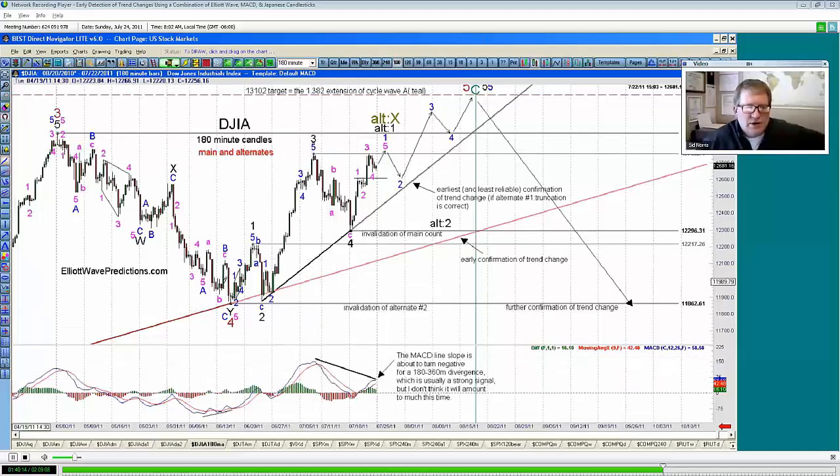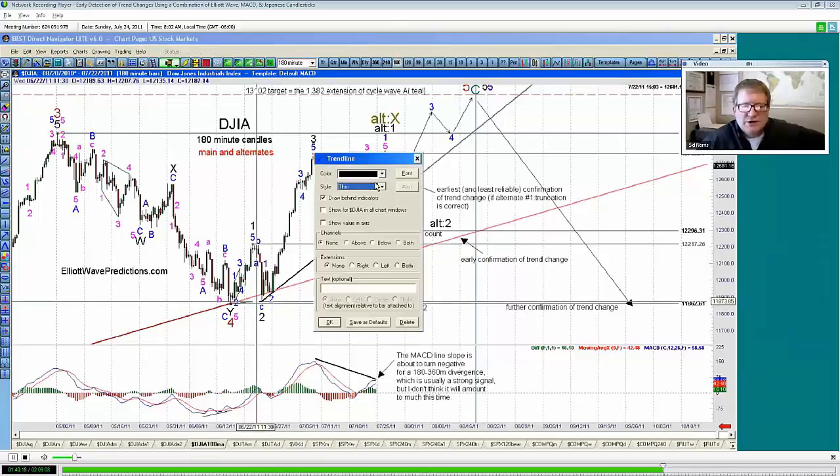Remember, we can use our trend line thing as well. That's where, let's say I'm not exactly sure, we'll make this purple.